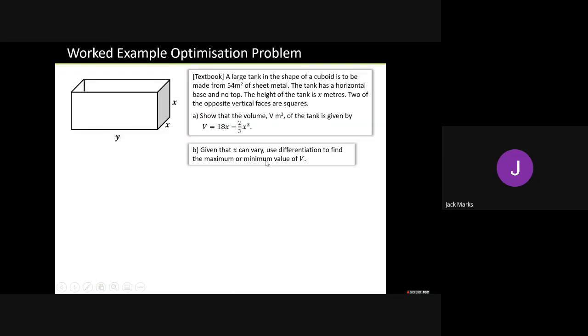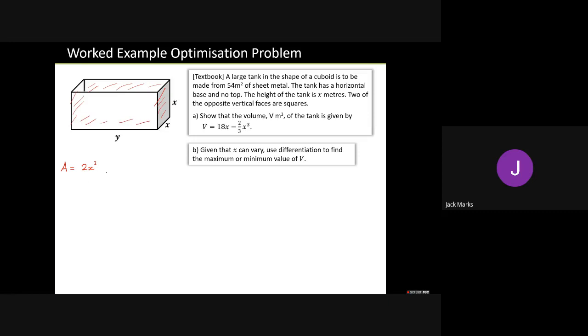Should we do a neat version of the question? No, let's just do the question. So let's make an area equation. What's the area? Remember, there's no top to this thing. So there's an x squared and another x squared on the other side, so I'm going to say 2x squared. Let's do the front and the back.